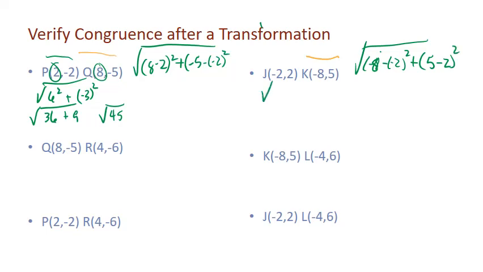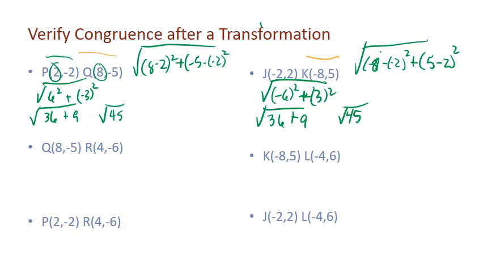So that should give us, let's see, negative 8 minus 2, that's negative 6 squared, plus 5 minus 2 is 3 squared. And that gives us negative 6 squared is 36, and 3 squared is 9. And that is equal to the square root of 45. Shazam. Okay, those two sides are congruent.